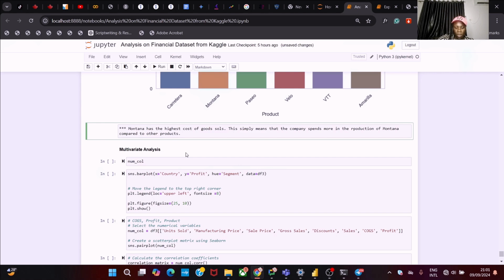The company would look for a means to reduce the cost of purchase from Montana, in order to maximize its profit margin.